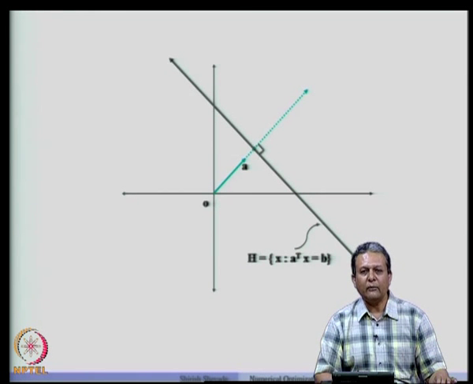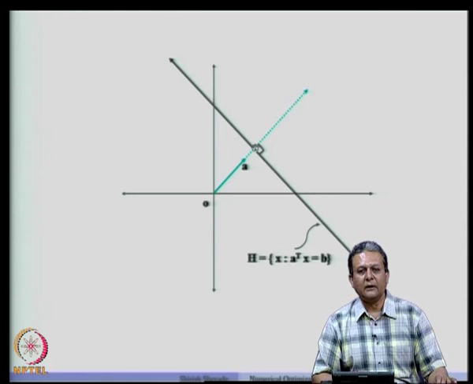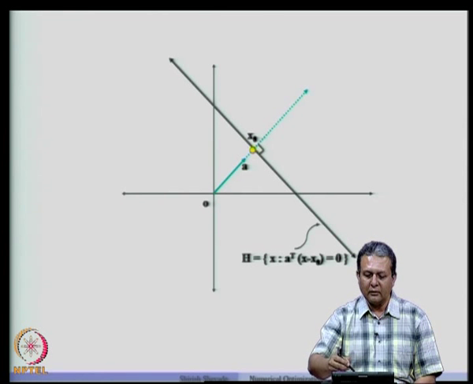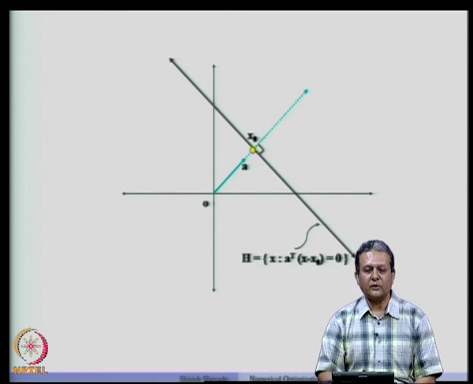Now, if you are given a point which belongs to the hyperplane, then the equation of the hyperplane can be written as follows. If x0 is a point which lies on the hyperplane, and we are still talking about the normal to the hyperplane as A, then the set of all x such that A transpose (x minus x naught) equal to 0 forms the hyperplane.